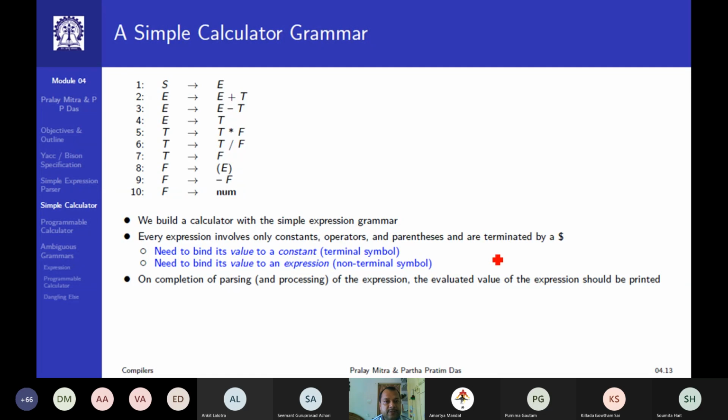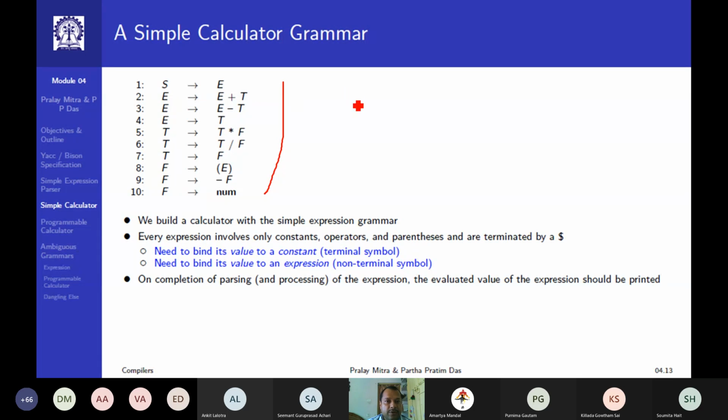Now, for this simple calculator grammar, this is the grammar which was implemented in calc.y. We need to bind its value to a constant terminal symbol, and we need to bind its value to an expression non-terminal symbol. Those two things are largely pending. Just now, you remember that for S, we write statement.